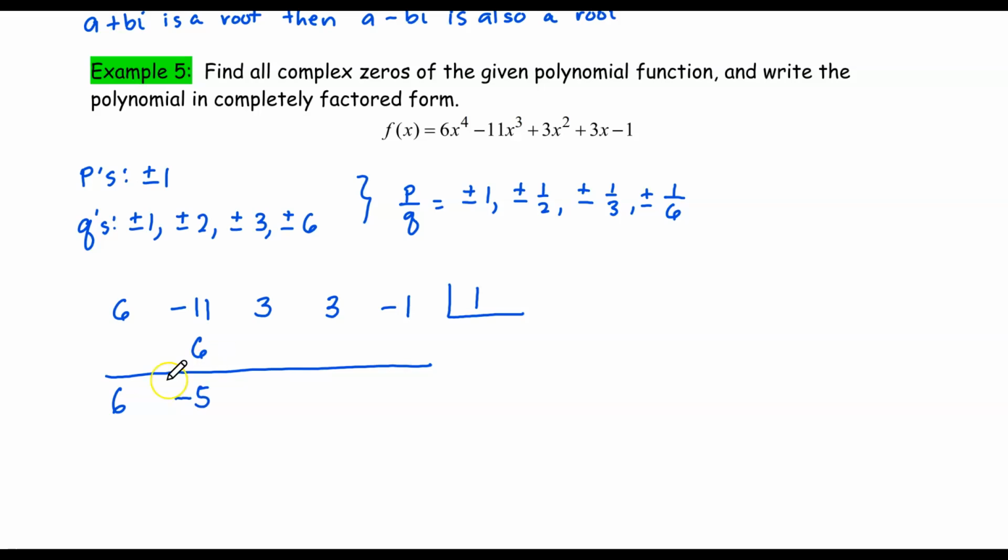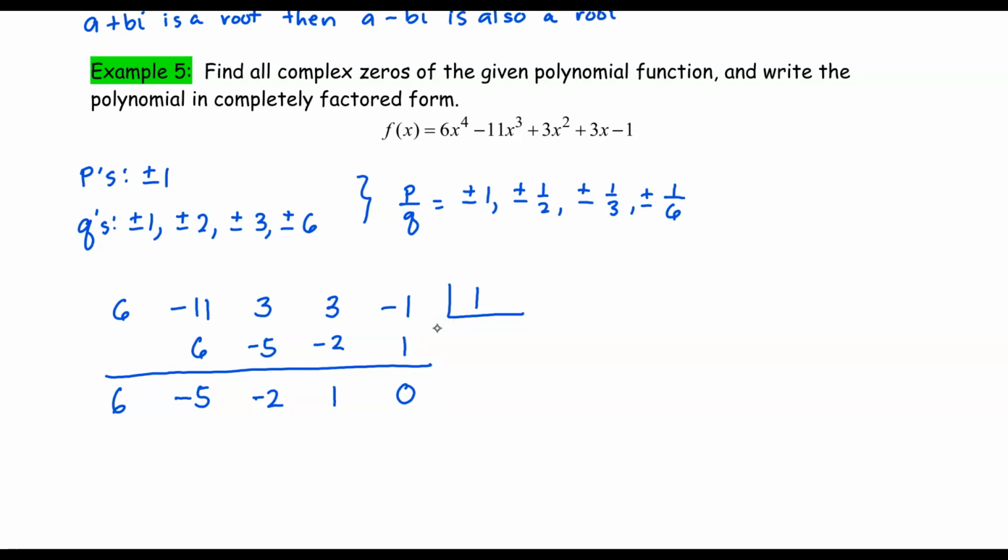And then negative 5 times 1 is negative 5. Add to 3, negative 5 plus 3 is negative 2. Negative 2 times 1 is negative 2. Add to 3, negative 2 plus 3 is positive 1. Times 1 is 1. So we got 0.